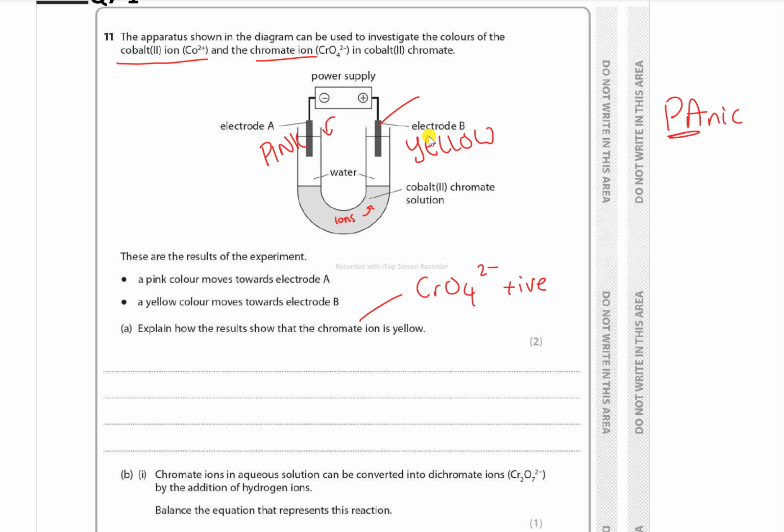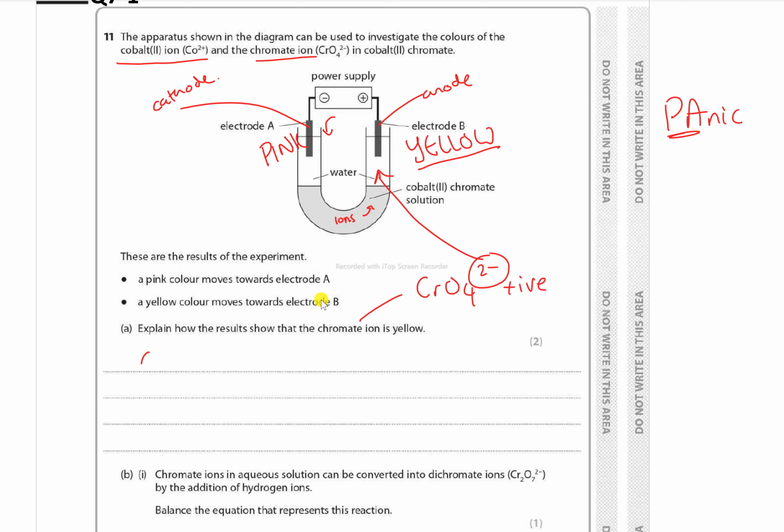So this here is the anode, and this is the cathode. Right, what else is there? Explain how the results show that the chromate ion is yellow. So that goes, right, that's negative. It goes towards a positive. Yeah, there you go. Right, that's straightforward.